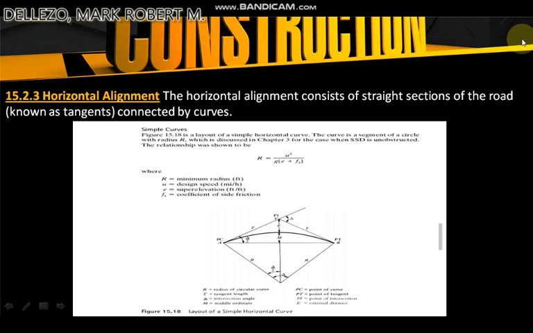Next, horizontal alignment. The horizontal alignment consists of straight sections of a road known as tangents connected by curves. So it is the same as the first one.